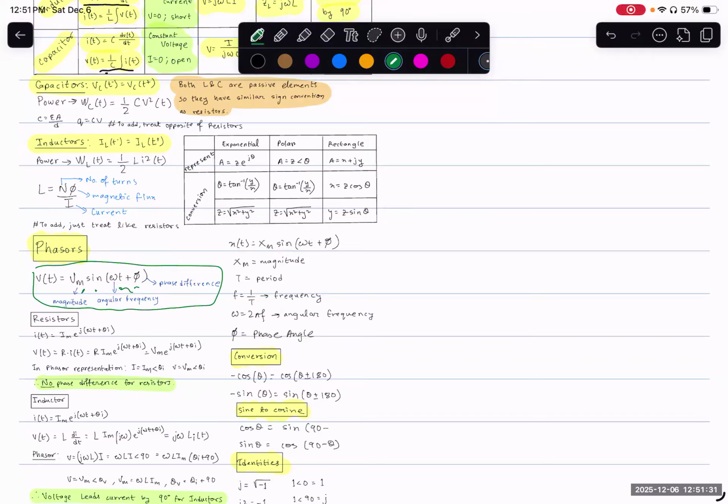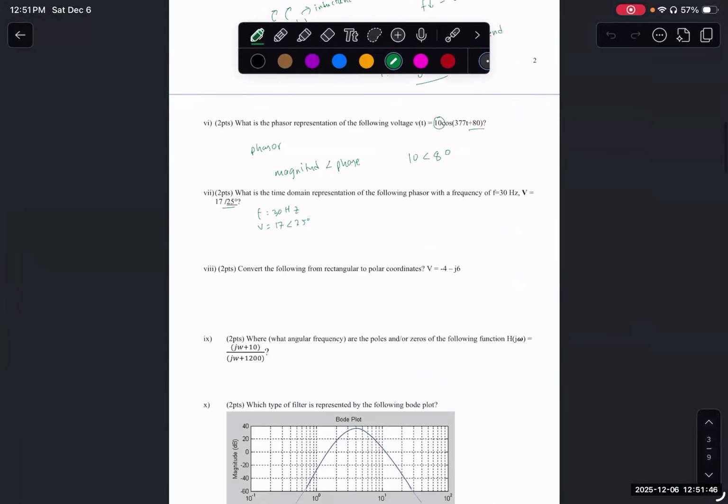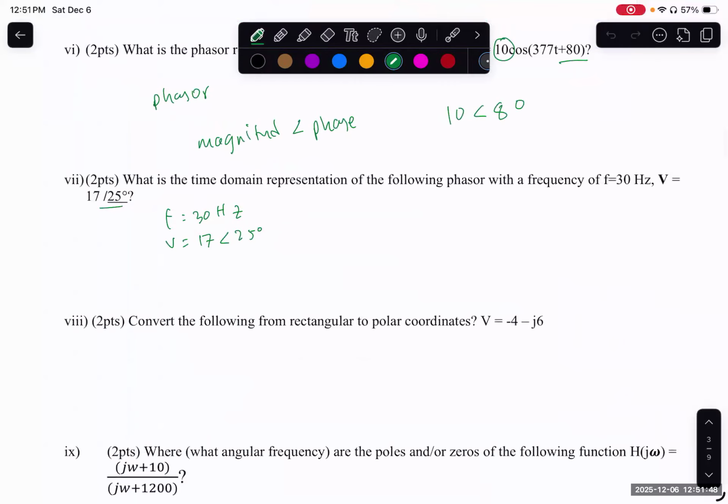And how do you know which one to select? It depends on the angle actually. So for this case, it would actually be a cosine for the answer.